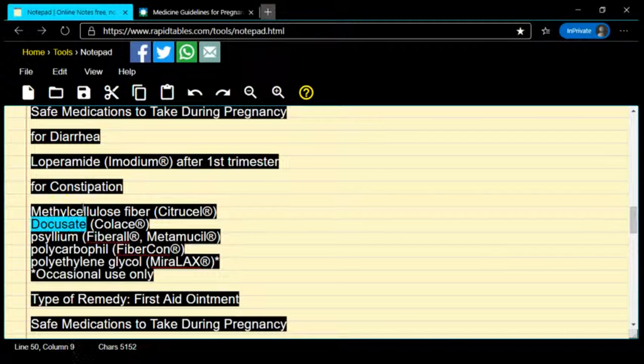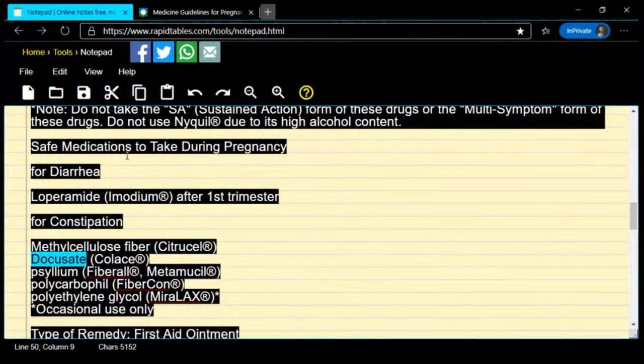Docusate is also an important medication or prescription drug to be taken safely during pregnancy.